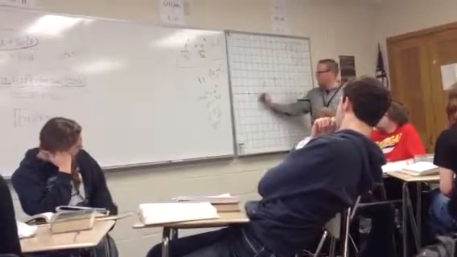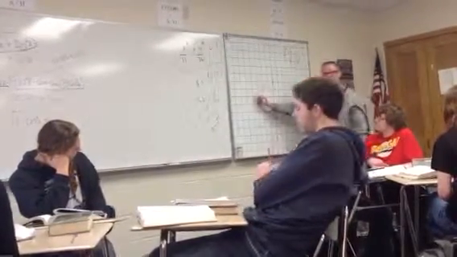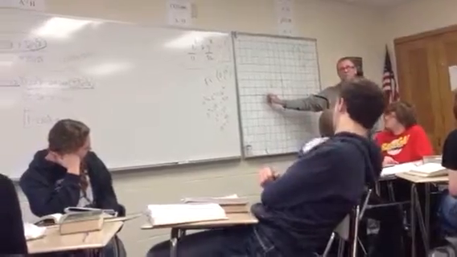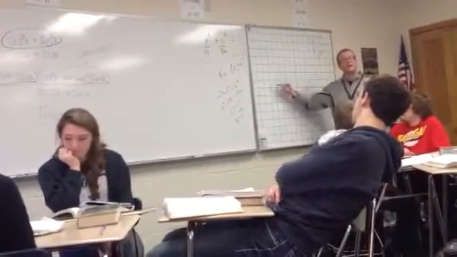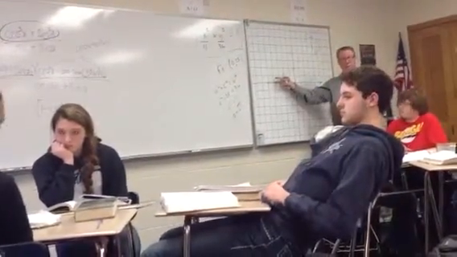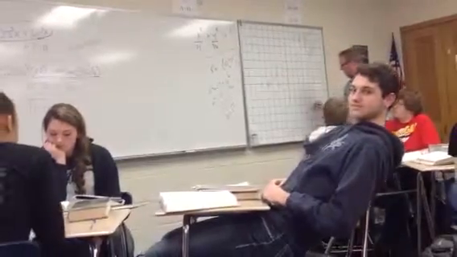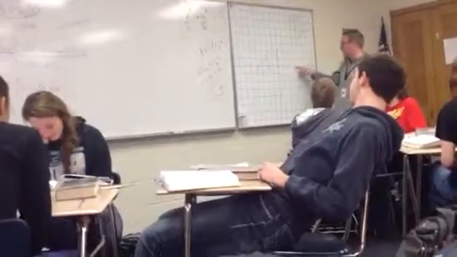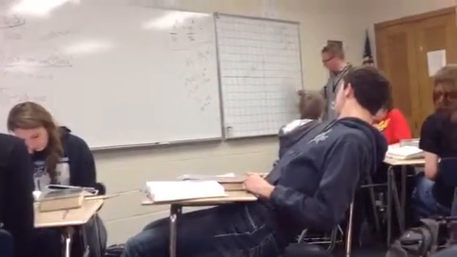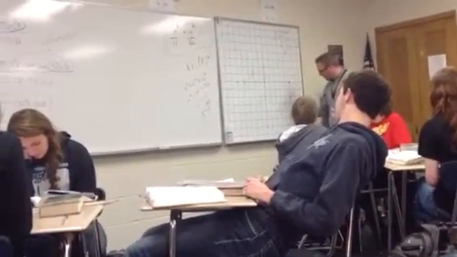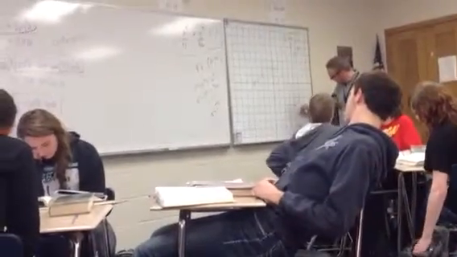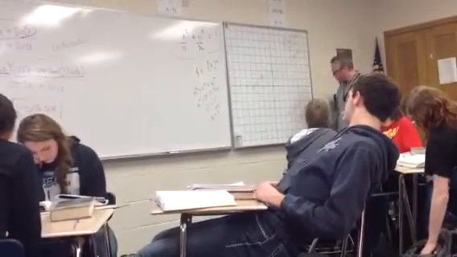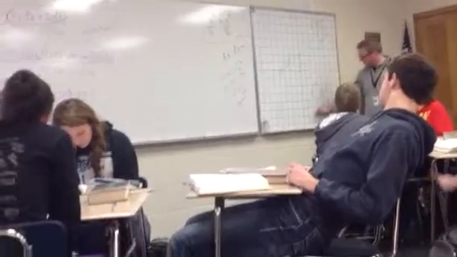If that length is radical 21, what's that coordinate? Negative radical 21, comma 0. There's one answer. And positive radical 21, comma 0. There's the foci.